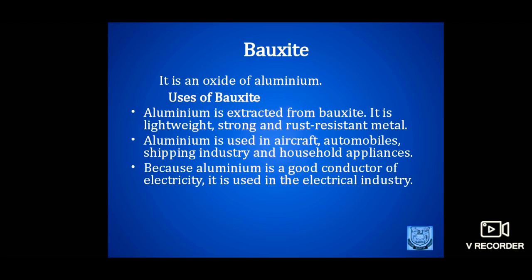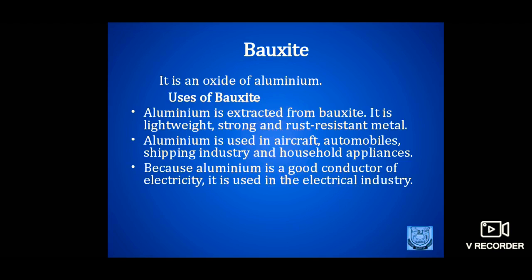Uses of bauxite. Bauxite is the main source of aluminium, which is a lightweight, strong and rust resistant metal. That is why it is very important. Aluminium is used in aircraft, automobiles, rail wagons, coaches, the ship industry and making of other household appliances.